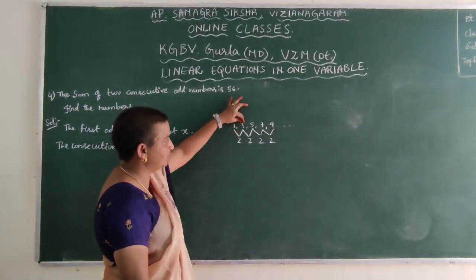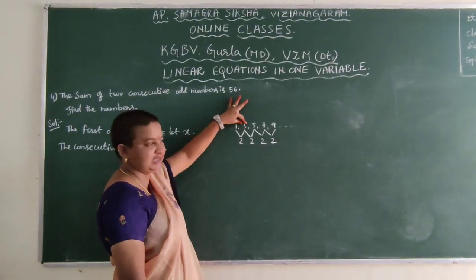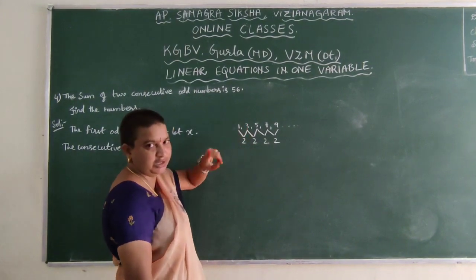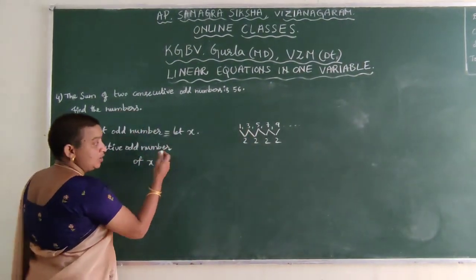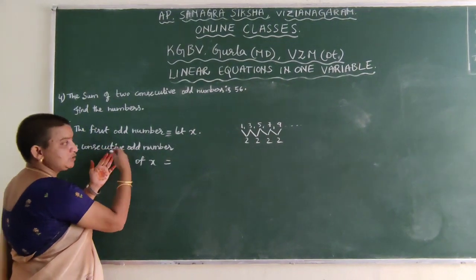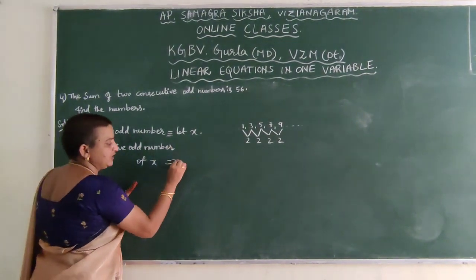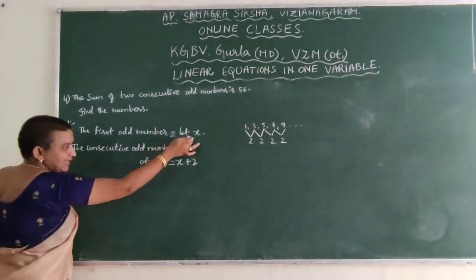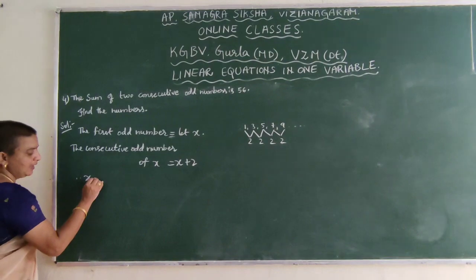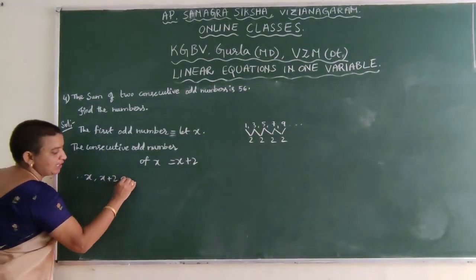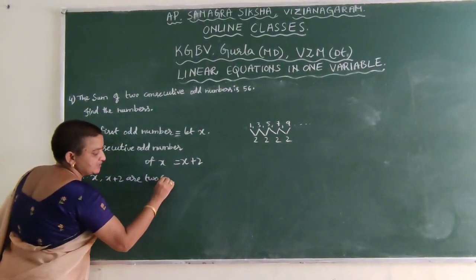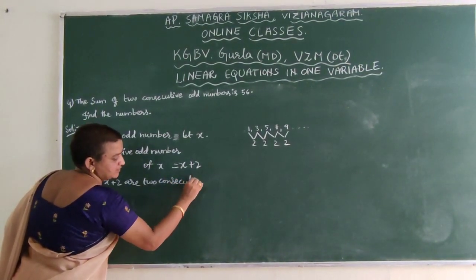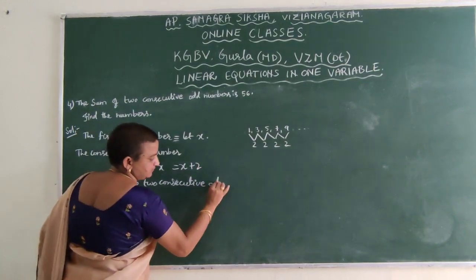If we take the first number as 3, to get the consecutive odd number we have to add 2 to 3. So the consecutive odd number of x is x plus 2. Therefore x and x plus 2 are two consecutive odd numbers.